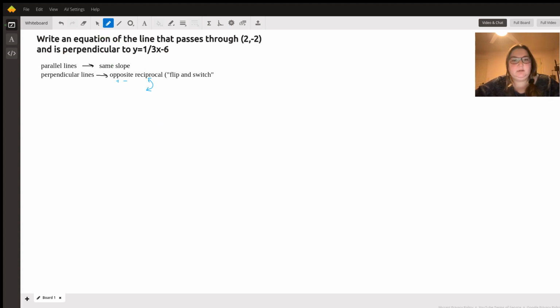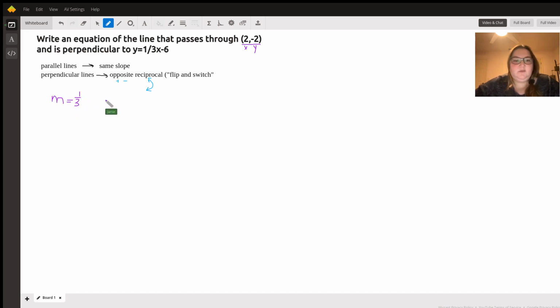So now let's take our key information. We need to know this point. When they give us this point, they're giving us our X and our Y. We also need to pick out the slope. So our original slope that they gave us was 1/3.